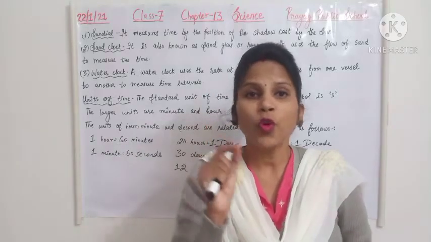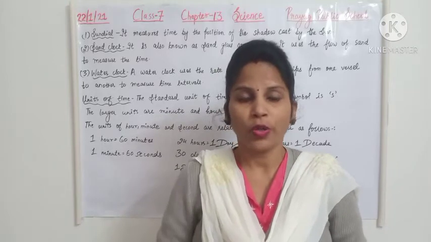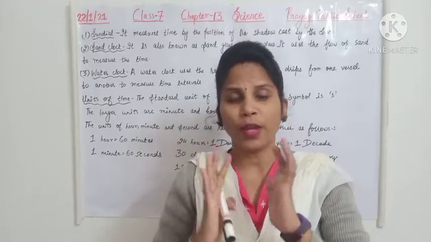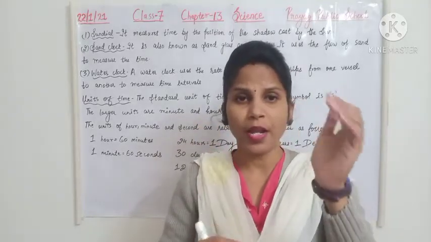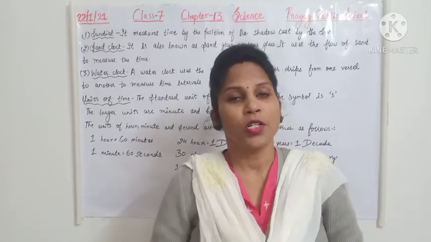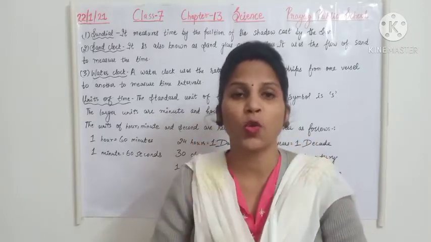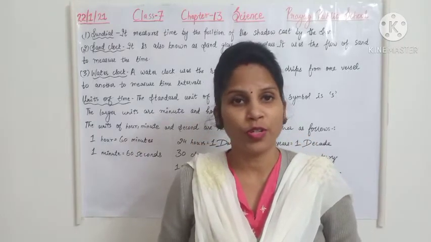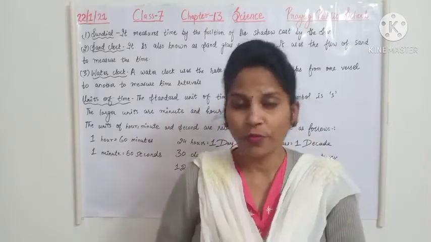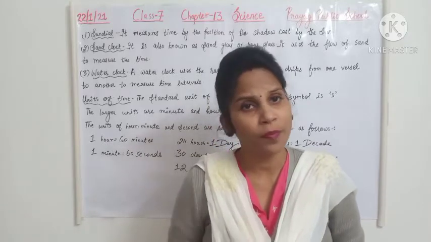It is made up of two hollow glass bulbs connected with a narrow tube. A lot of sand is filled in the upper end, so that the sand flows into the lower end slowly within an hour. The sand from the upper section reaches the lower section and a 1 hour time duration is completed. जो sand होता है वो at once it does not fall down into the lower end because it is connected with a very narrow tube.